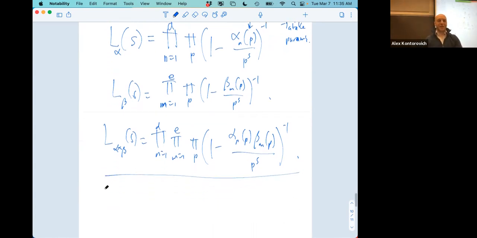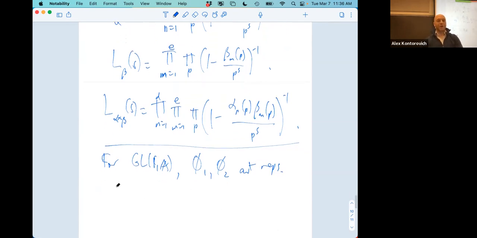Okay, so for GL1, which is all we've built up so far, GL1 adeles, let's say we have two irreducible automorphic representations, phi1 and phi2. They come with characters.